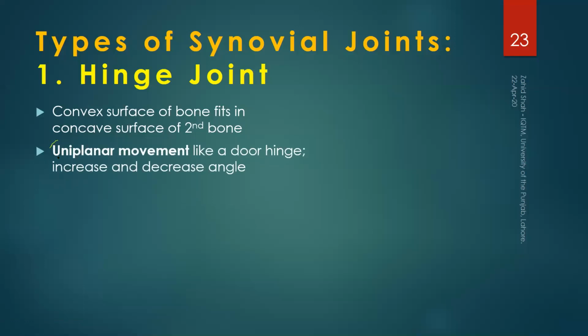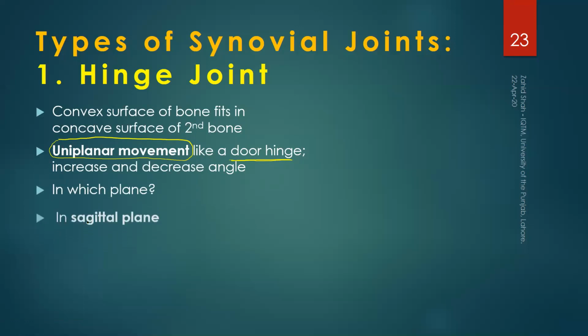These points should be noticed by you, that how many movements are possible in each type of joint. So hinge joints are uniplanar, and they are called hinge joints because they resemble the hinge of a door, right? And they are uniplanar.